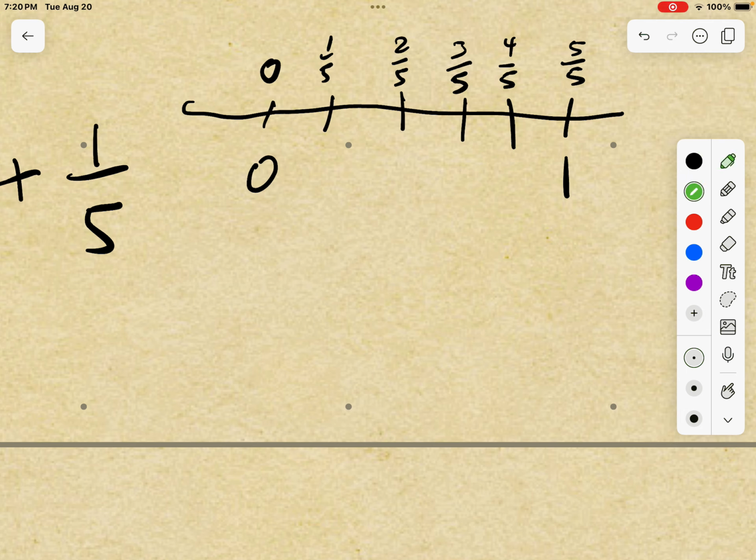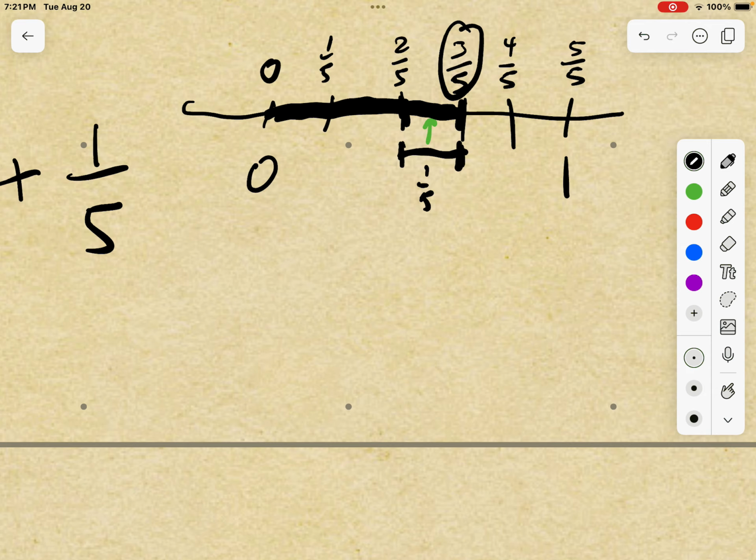And I take this piece of length 2/5, and I'm adding this length of 1/5. So when I add them together, I put this 1/5 length next to that length of 2/5, and I get a length of 3/5.